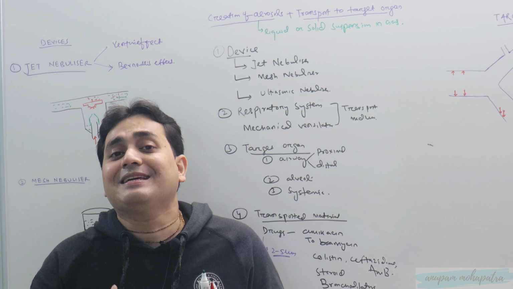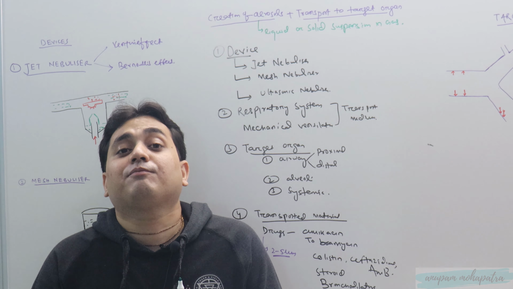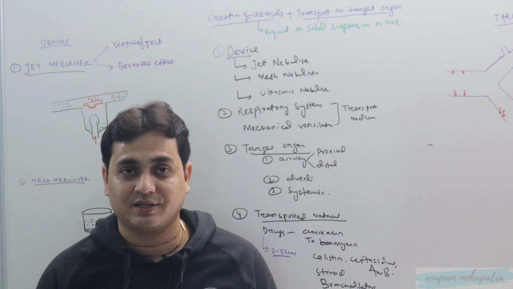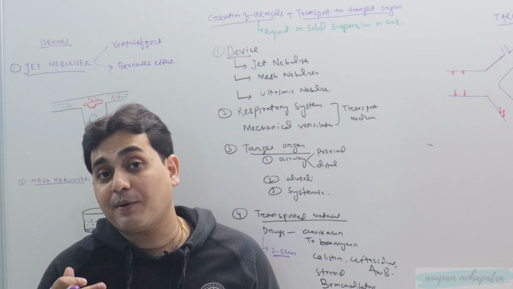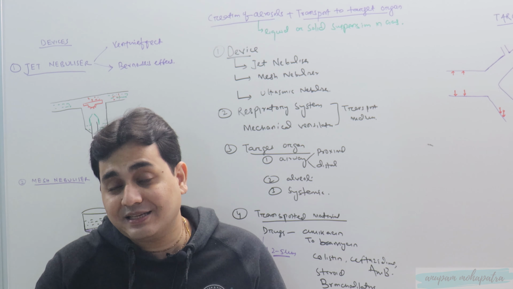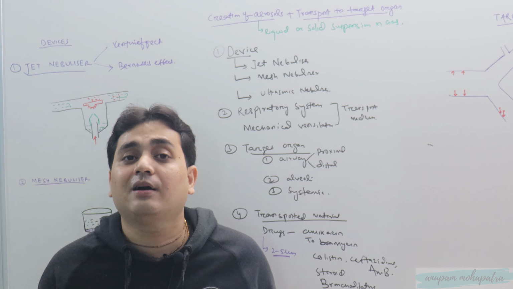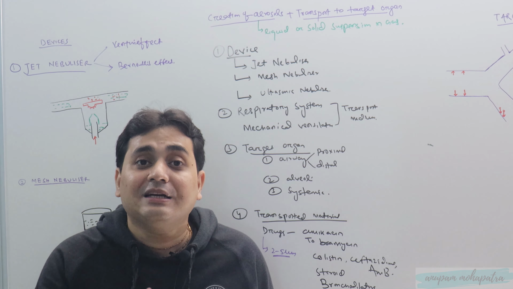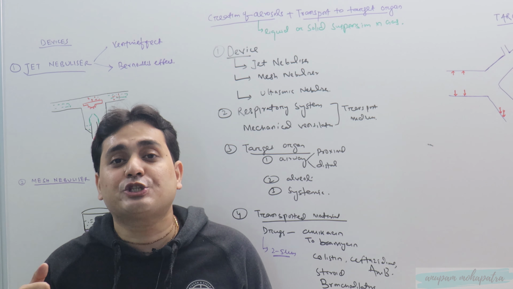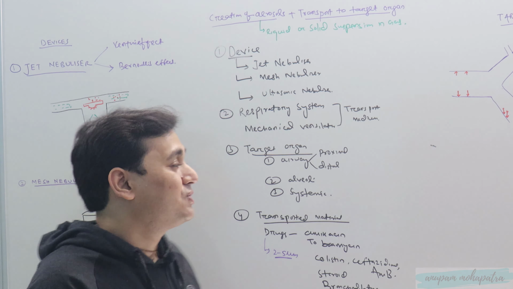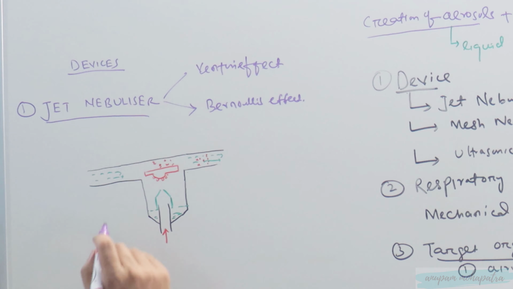Whenever its velocity increases, it produces a surrounding area of low pressure. This is called the Venturi effect. What is Bernoulli's effect? Whenever there is an area of low pressure, if there is some liquid there, then it will be drawn into the jet stream in the form of mist or aerosol. Right? So with these two principles, the jet nebulizer works.